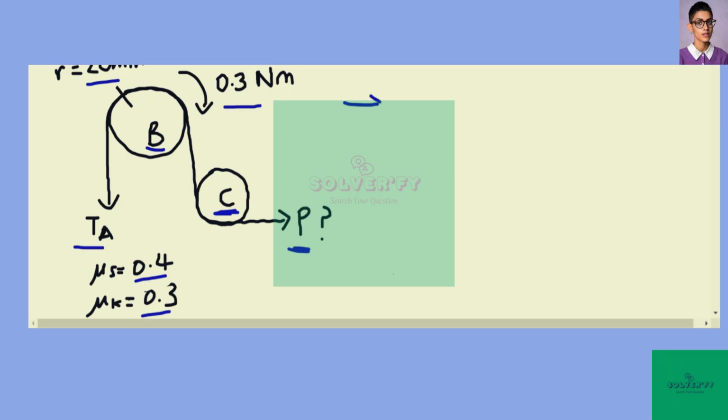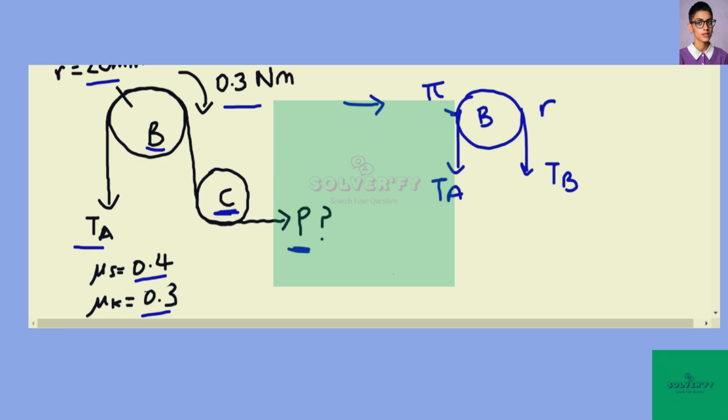So let's draw our two free body diagrams of these two drums. So for B, we have tension TA on the left side. We'll call it a tension TB on the right side. We have an angle of pi, or half a turn.